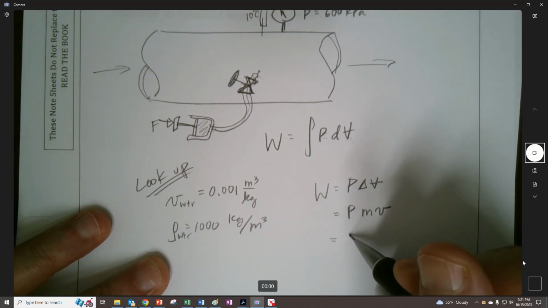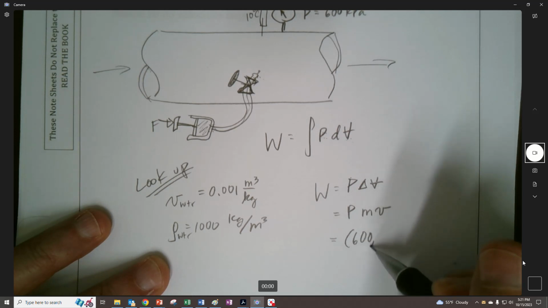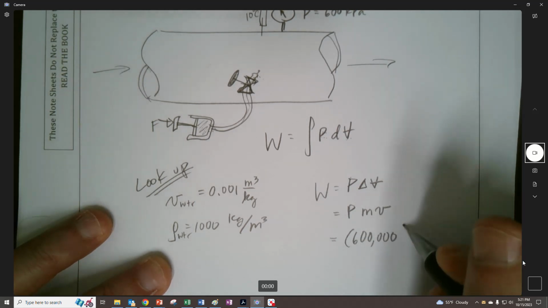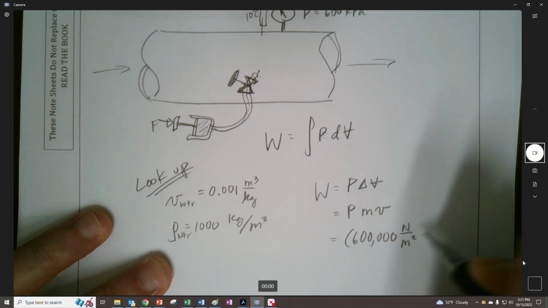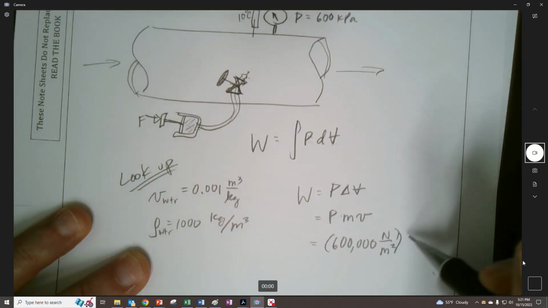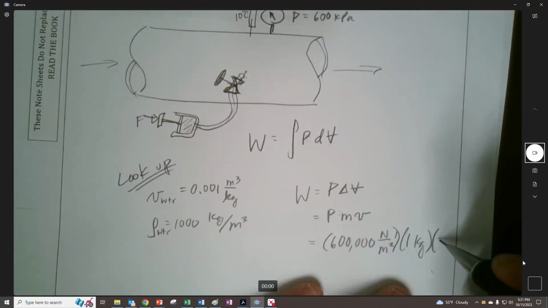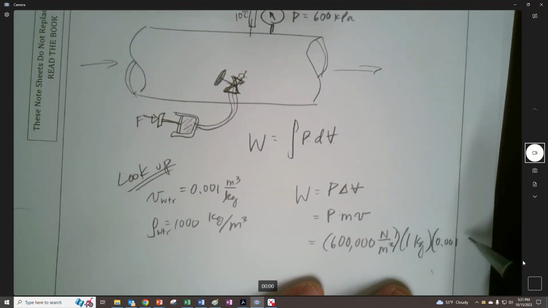I'm not going to lie to you. But let's keep the units correct. We would take 600,000 newtons per meter squared, right, for the 600 kPa, and the mass is 1 kilogram, and then we're multiplying it by 0.001 cubic meters per kilogram, right?